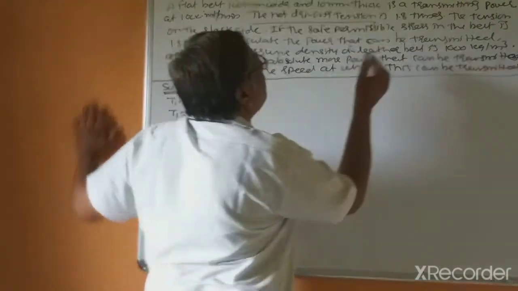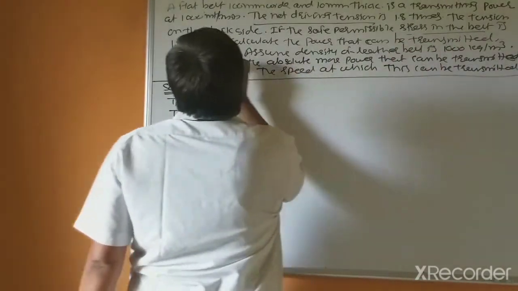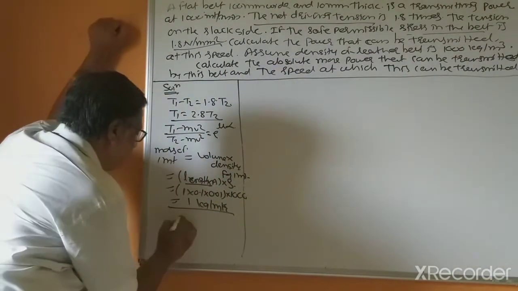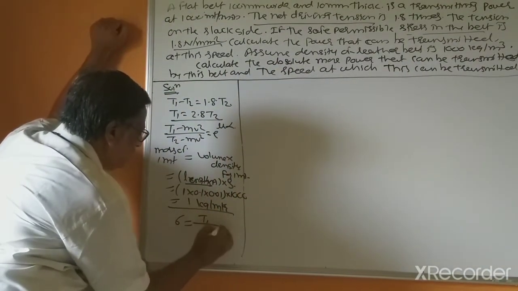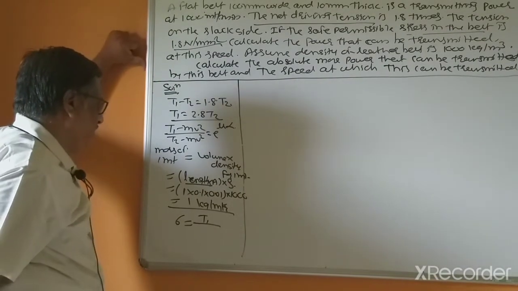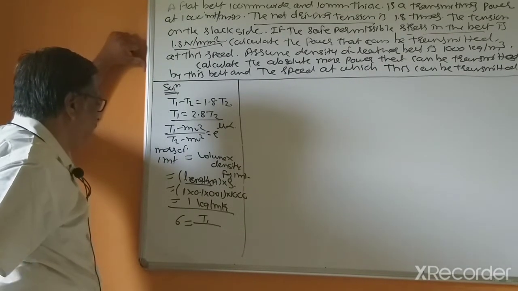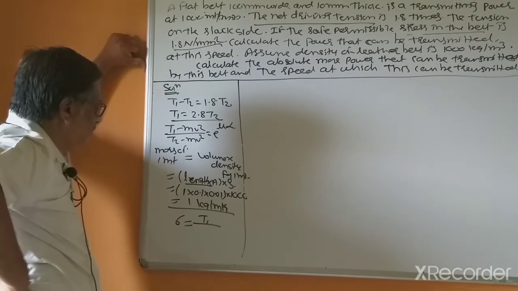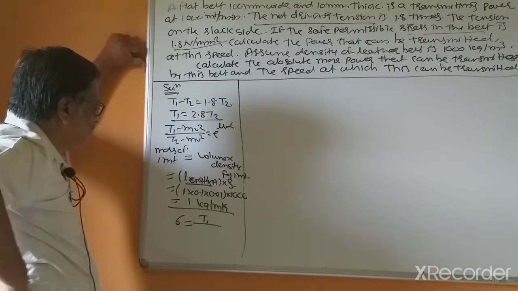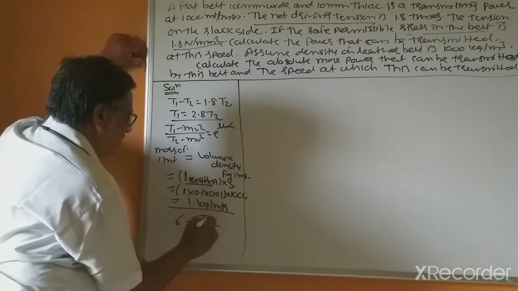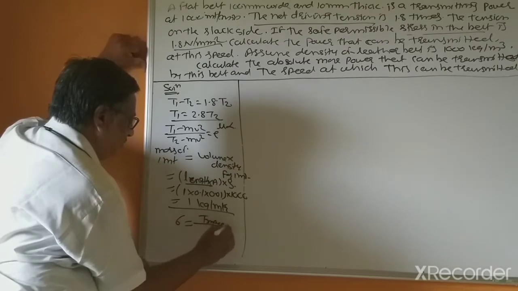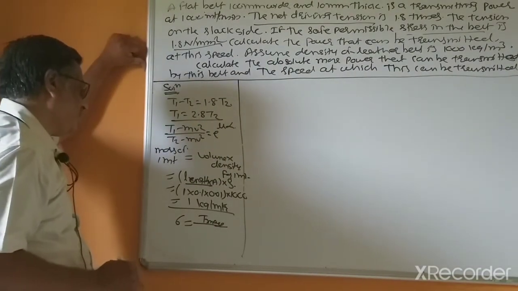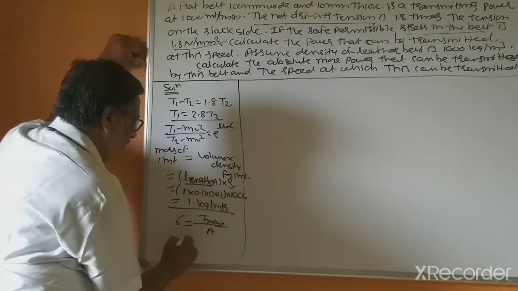Next, here permissible stress in the belt is 1.8 Newton. Stress equal to maximum tension divided by area.